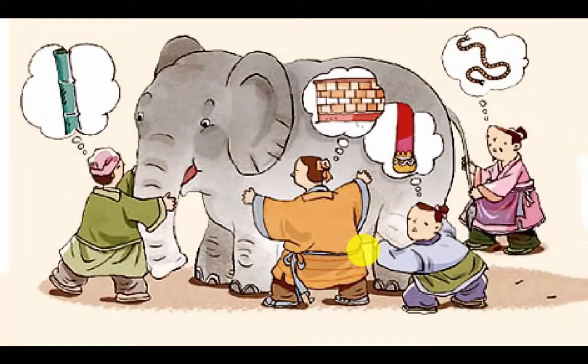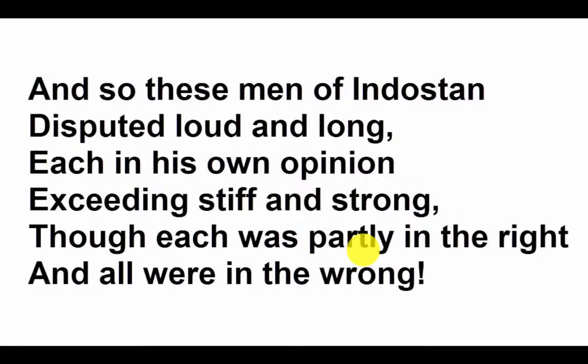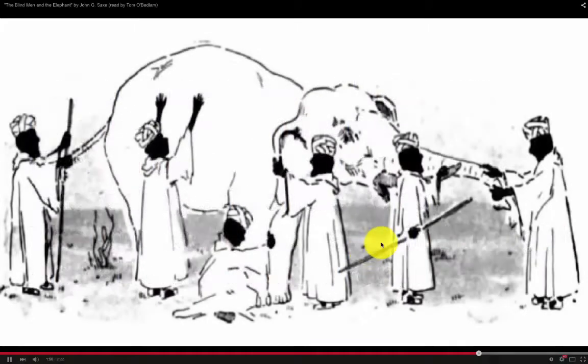The sixth no sooner had begun about the beast to grope, than seizing on the swinging tail that fell within his scope, "I see," quoth he, "the elephant is very like a rope." And so these men of Indostan disputed loud and long, each in his own opinion, exceeding stiff and strong, though each was partly in the right, and all were in the wrong.